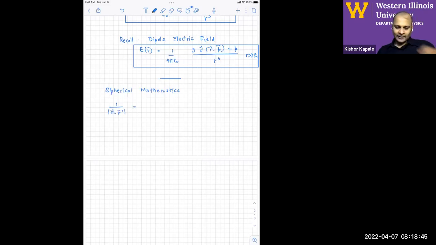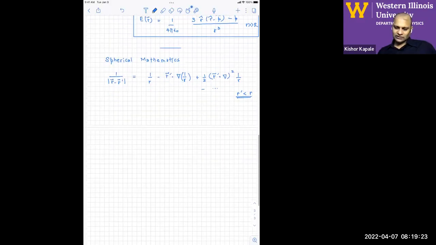And we know from the Taylor expansion, it's going to be 1 over r minus r prime dotted with the gradient of 1 over r, plus half r prime dotted with the gradient squared applied to 1 over r, and so on, with alternating positive and negative signs. That's because everything is in the denominator, right? And here, of course, we assume that r prime is smaller than r. That is crucial. And that's the Taylor series approach.